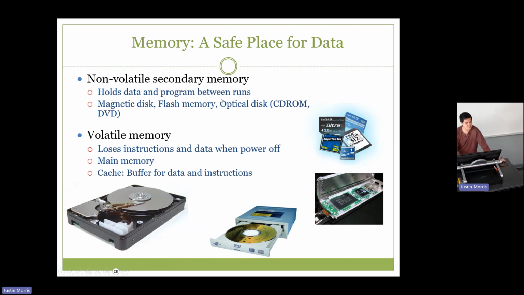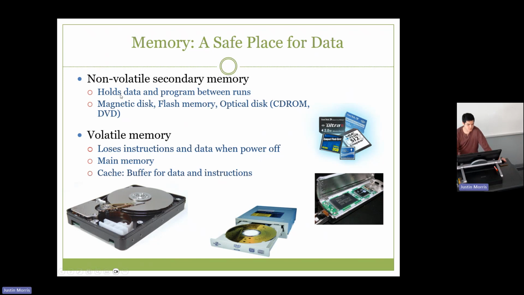Forever for me. Yes, forever for you, unless you destroy it, right? And then volatile is the opposite, like you mentioned, right? Not right away, but within seconds, once you turn off the power and stop providing that power to the device, the data is going to discharge. Okay.